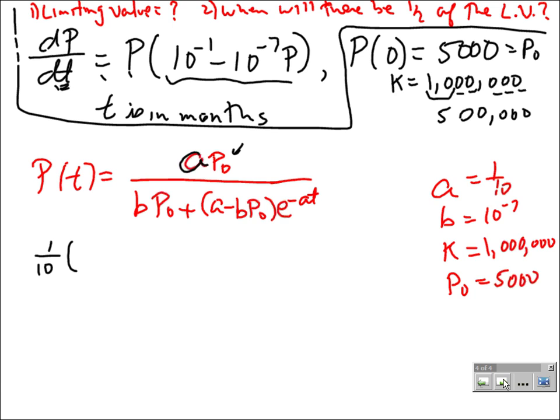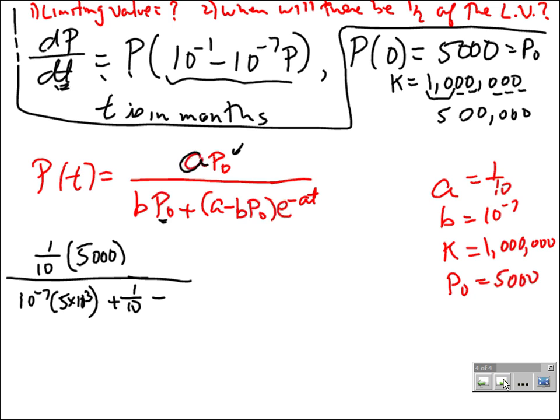P0 is 5,000, over B, which is 10 to the negative 7, times P0, which is 5,000, 5 times 10 to the 3, plus A, which is 1/10, minus B, which is 10 to the negative 7 times P0, which is 5 times 10 cubed, times e to the negative 1/10 t, or t over 10.